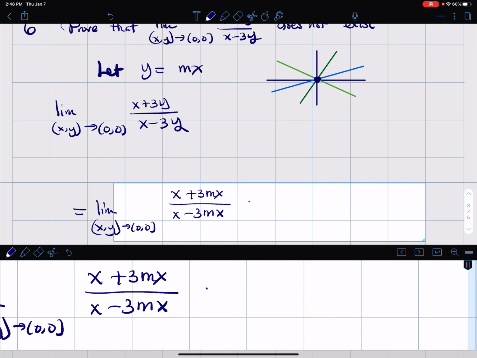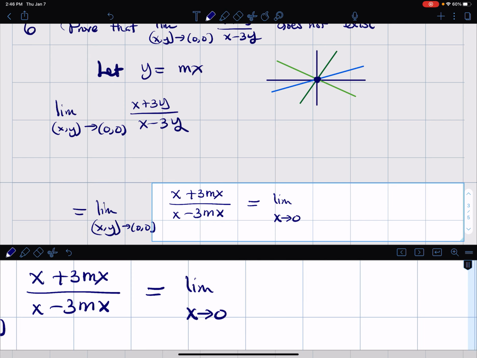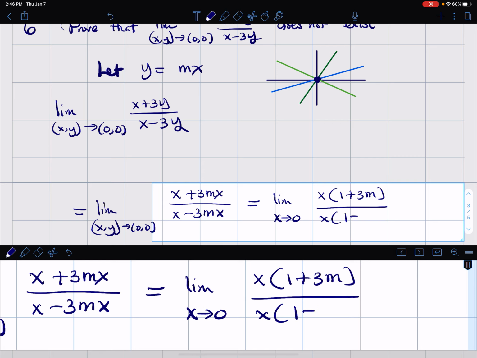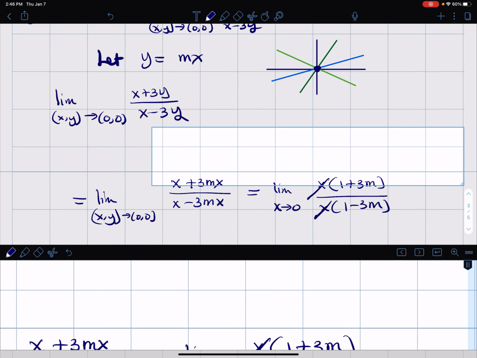But we can do some magic here. Everything is in terms of x now. So this is just the limit as x goes to 0 of x times (1 plus 3m) over x times (1 minus 3m). So you can cancel out the x, and as x goes to 0, your answer is just (1 plus 3m) over (1 minus 3m). So your answer depends on m.